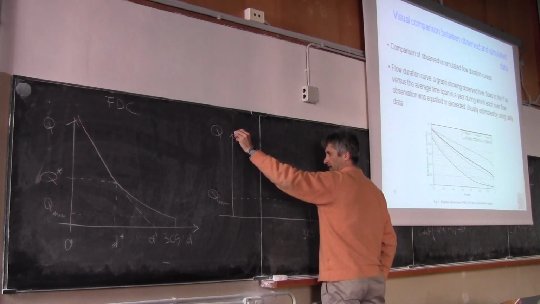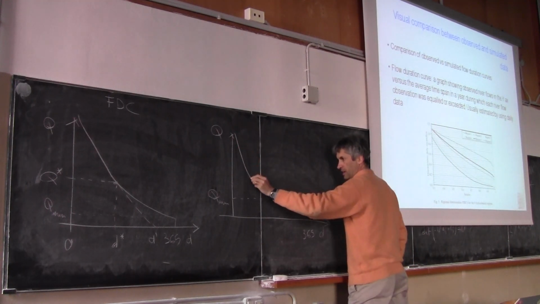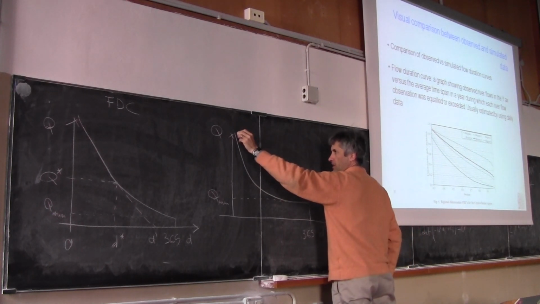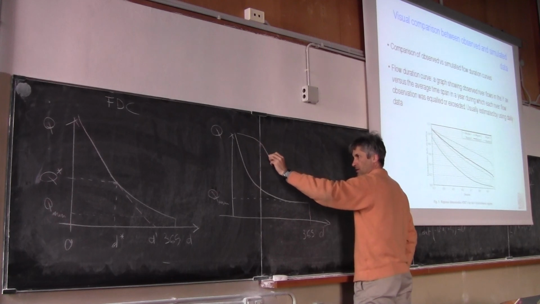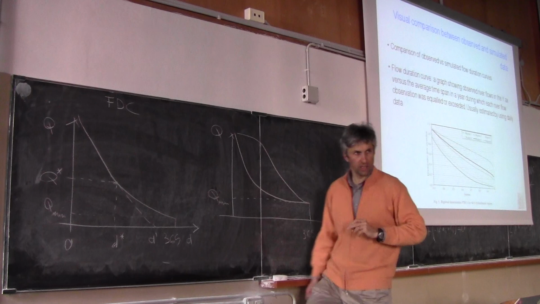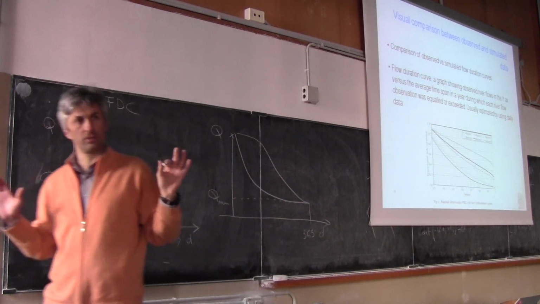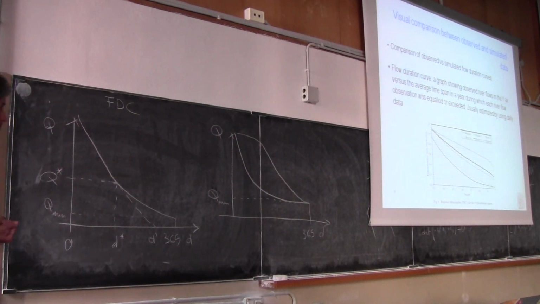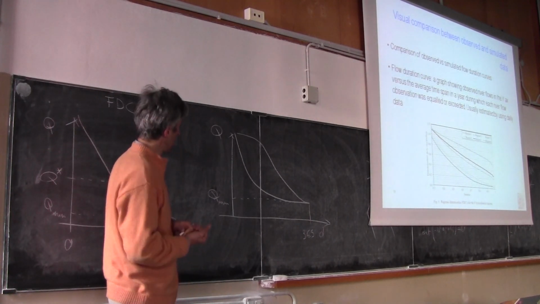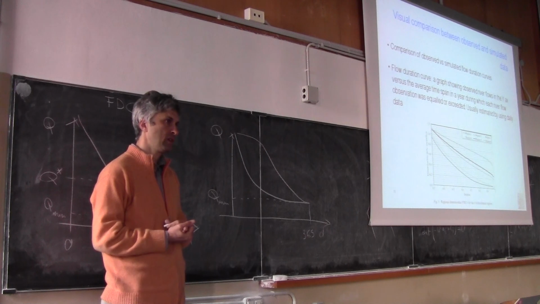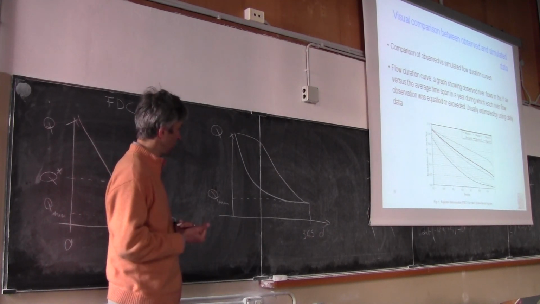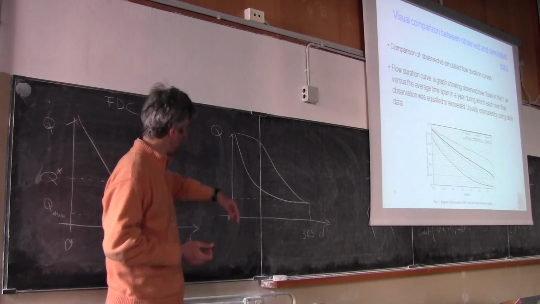You may have a shape like this one, or a shape like this one. These 2 shapes indicate two very different rivers, for the same value of Q max and Q min.